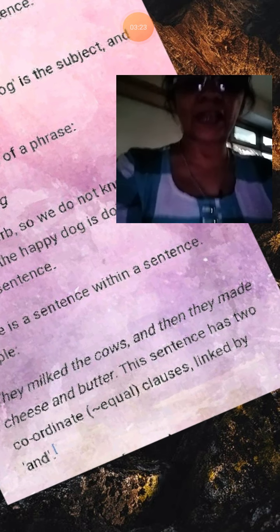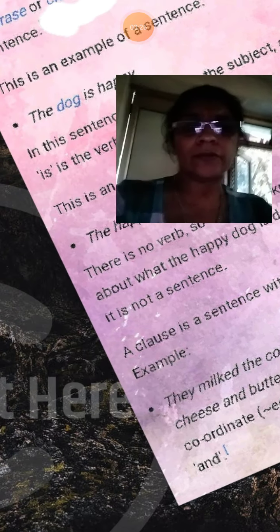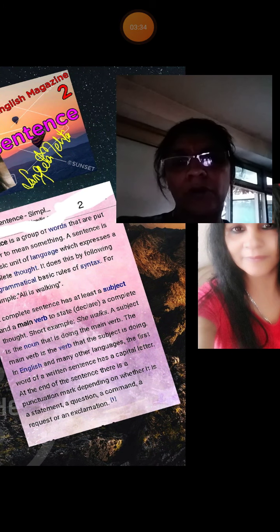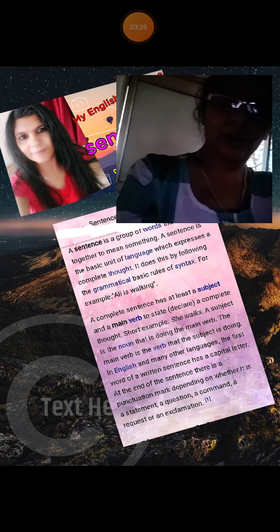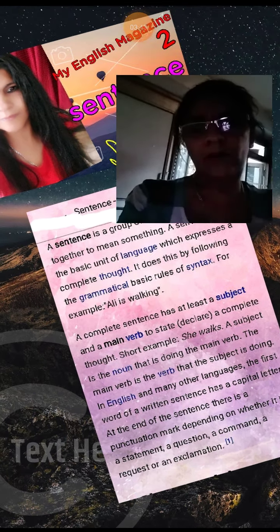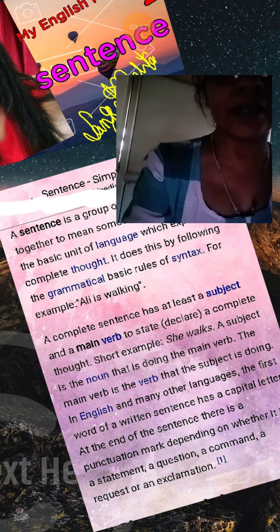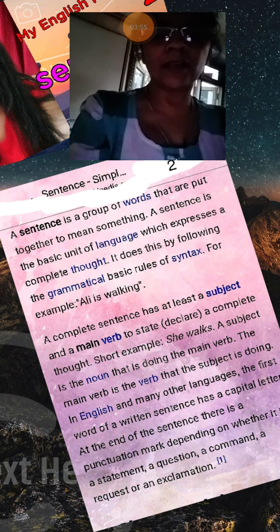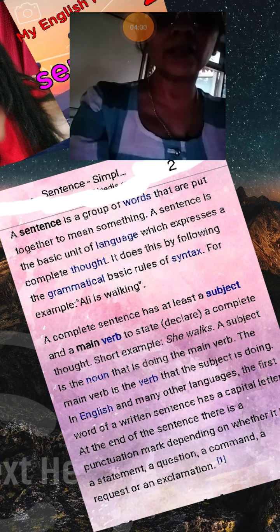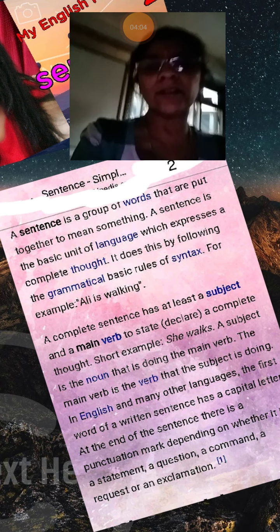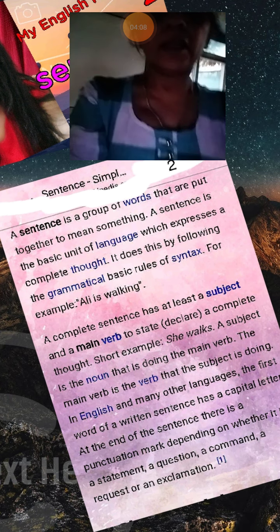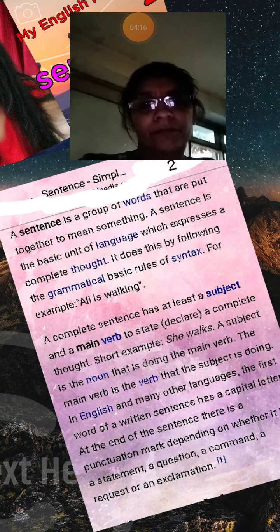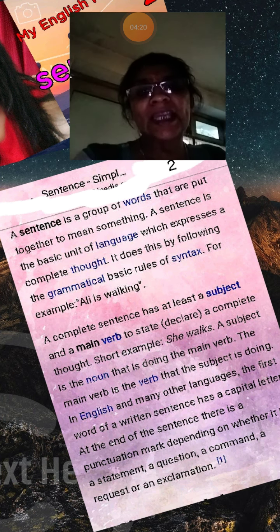Okay, now I am explaining to you again. You know that a sentence is a group of words that are put together to mean something.